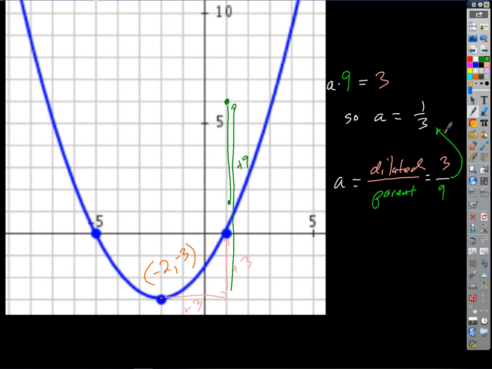Either way, I know a, I know h and k, and so my answer is just 1/3 times (x minus -2) squared minus 3, so (1/3)(x + 2)² − 3, if I plug all that stuff in. You with me? Okay.